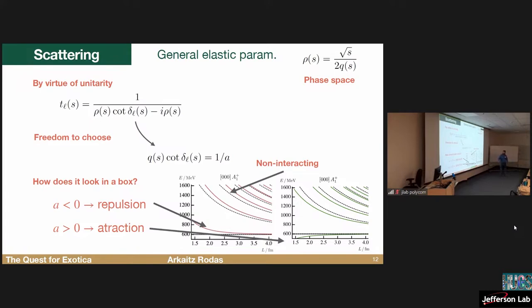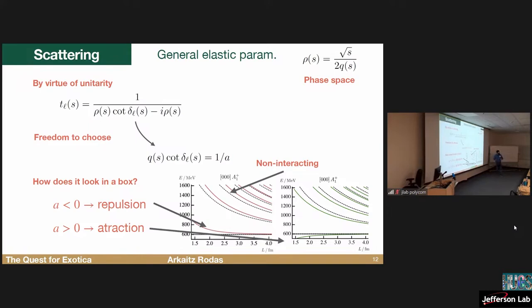Now, what would happen if you had repulsion in the system? In this customary, but not so customary definition of the scattering length, if they are negative, then we will have repulsion, which means that the energies that we see on the lattice, in the box, at the end of the day, are higher than the non-interacting ones, right? Why?